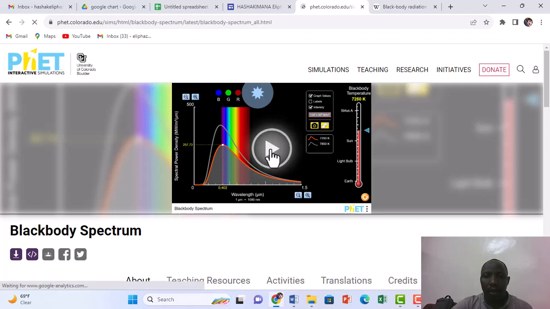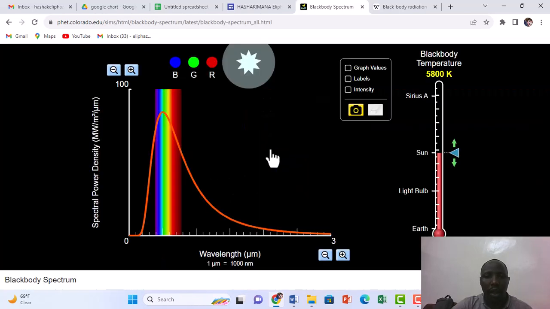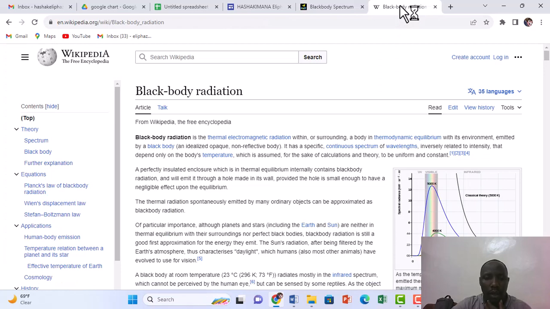First of all, here we have to explain to the students what black bodies are and how they vary with temperature. By explaining this, we can then show them what black body radiation is. Black body radiation is the thermal electromagnetic spectrum emitted according to the temperature of the black body.